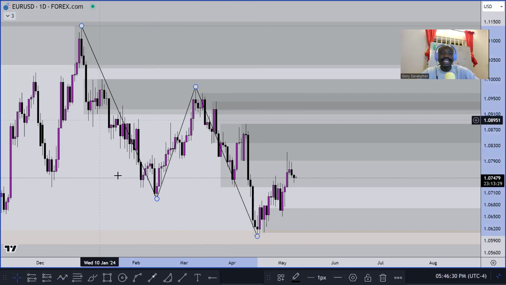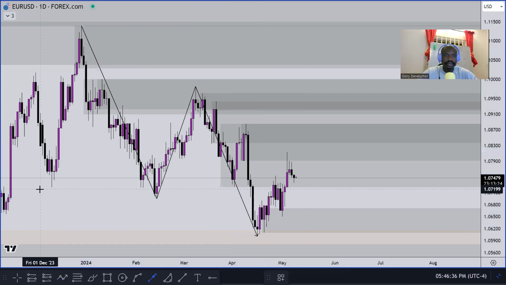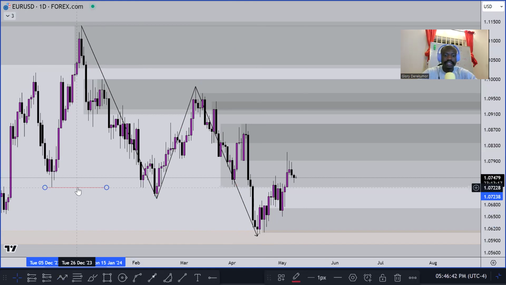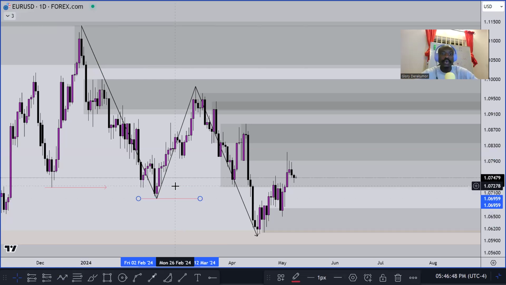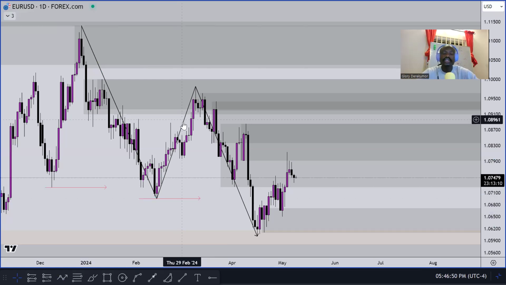Now, looking at the way the market presented here, of course, you can see a break of structure to the downside here. And another break of structure to the downside here. Okay, now I don't want to make this line too intrusive.